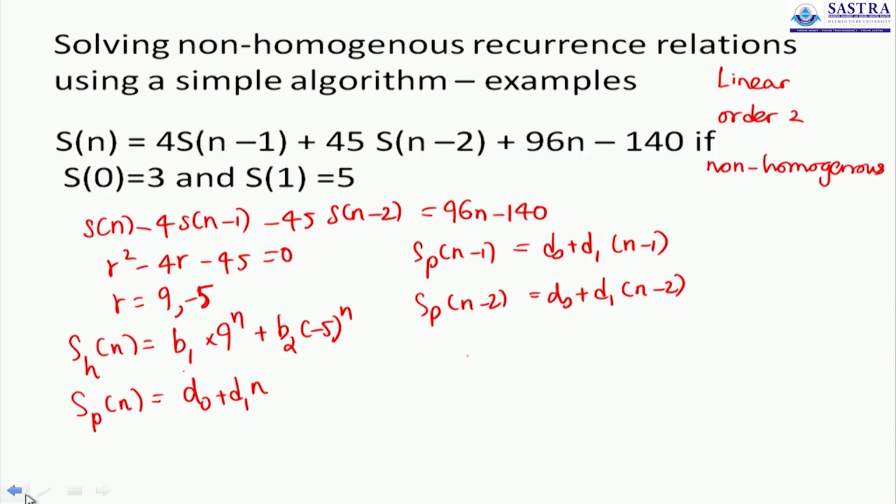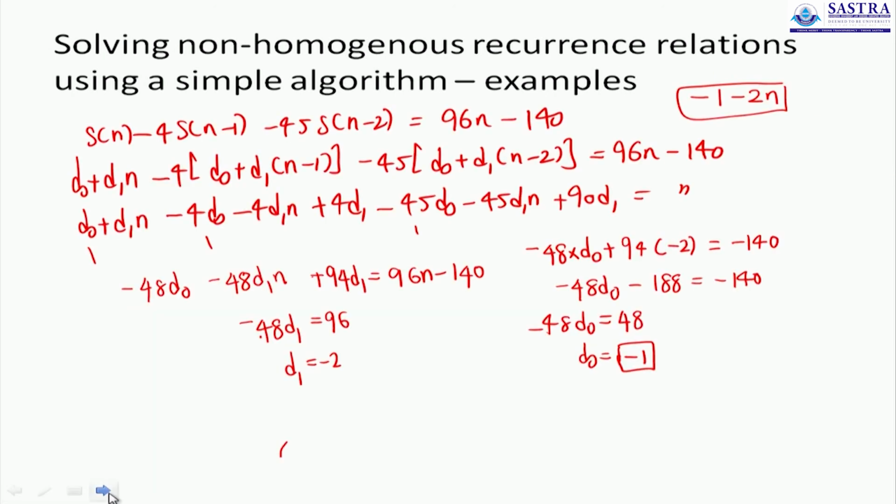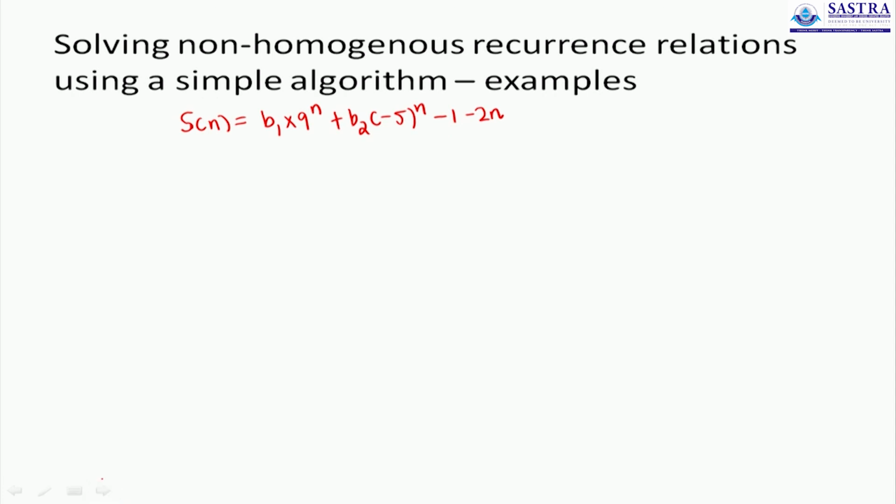Now to find the value of b1 and b2, we will use the values given in the problem. S of 0 is 3 and S of 1 is 5.